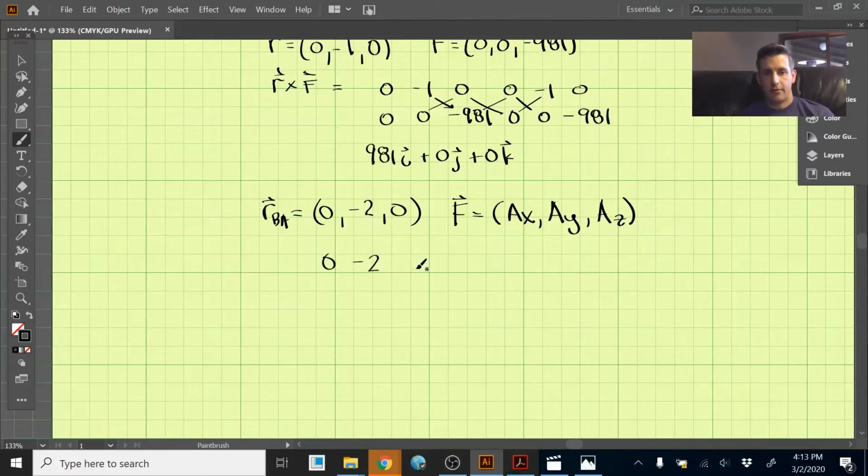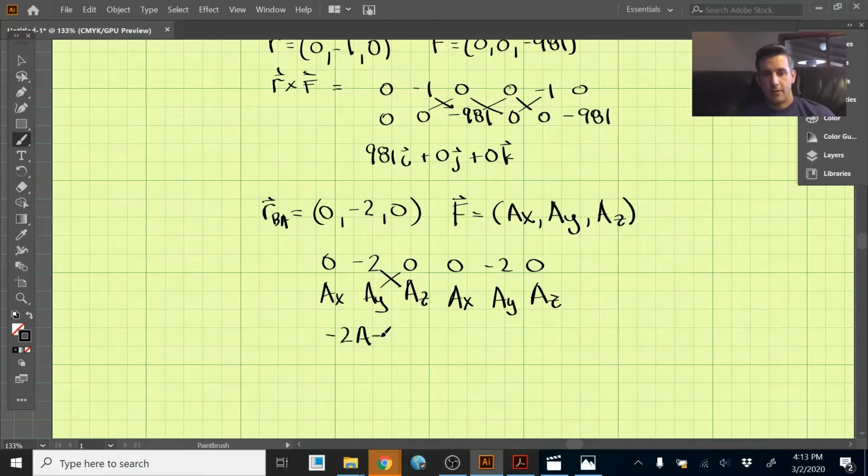Let's do the cross product of that. We have 0, -2, 0, and then AX, AY, AZ, and then we'll just repeat that. Let's start performing our multiplication. So -2 times AZ minus AY times 0, and that should be -2AZ in the I direction, plus 0 times AX minus AZ times 0.